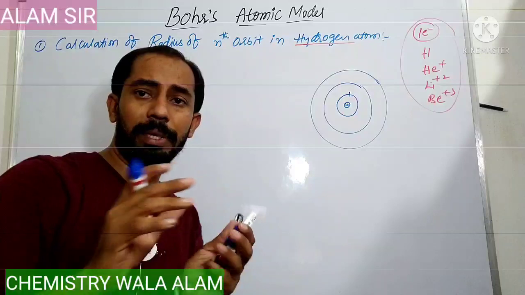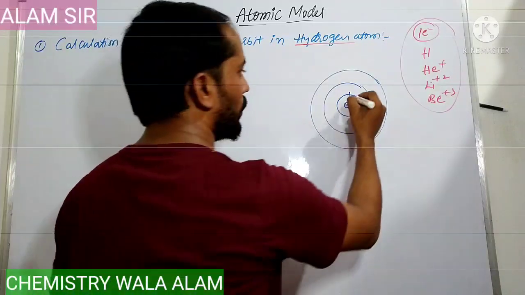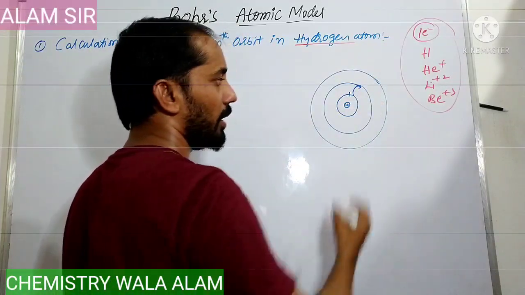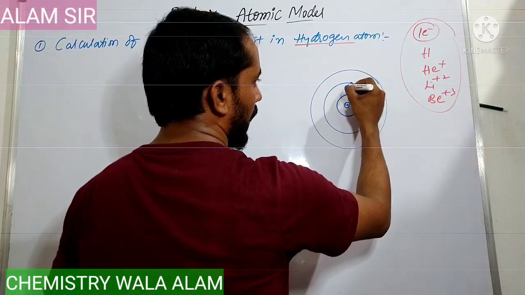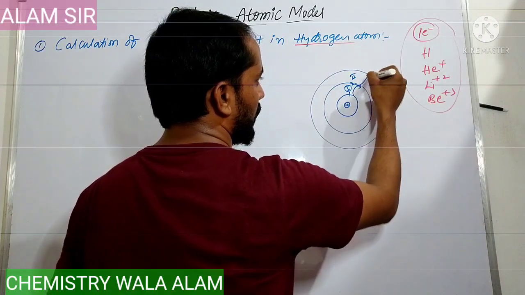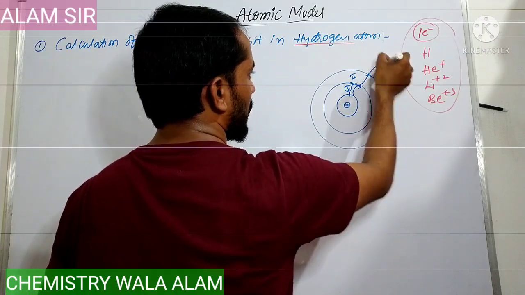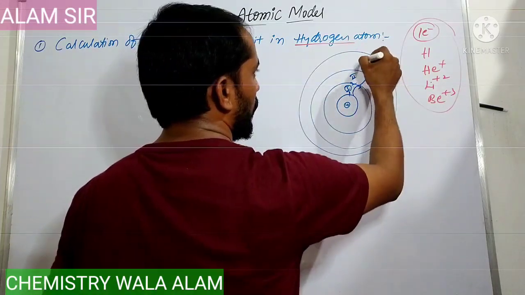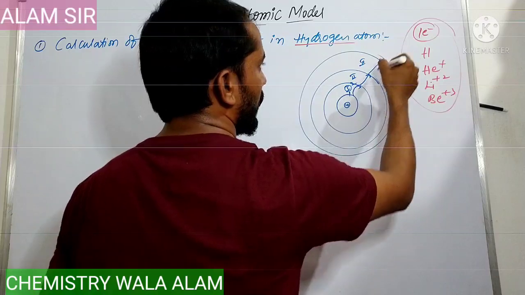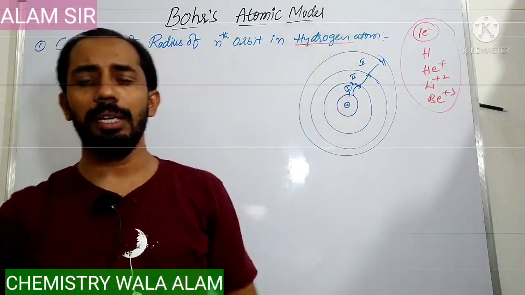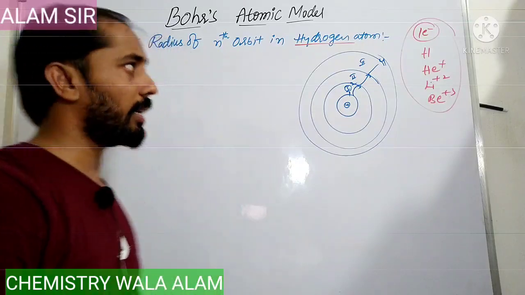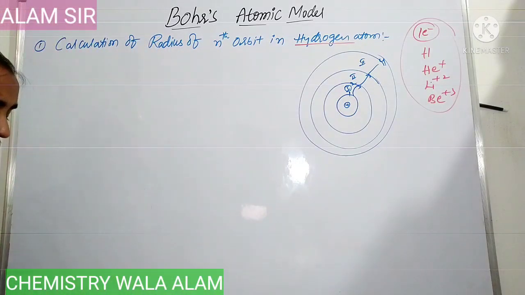Whenever we give external energy, the electron jumps to a higher energy level, the second shell. That is the first excited state, then the second shell to third shell is the second excited state, and third to fourth shell is the third excited state. So that is why we have to consider the nth orbit.